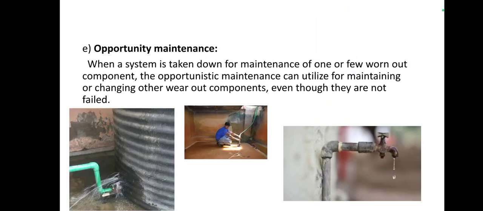So opportunity maintenance means, I will tell through an example. Suppose you consider a water tank. That water tank is leaking, you want to do a repair to that water tank. So what we will do is, we will shut down the supply of water, and the entry of water to the tank is also stopped temporarily for some time.